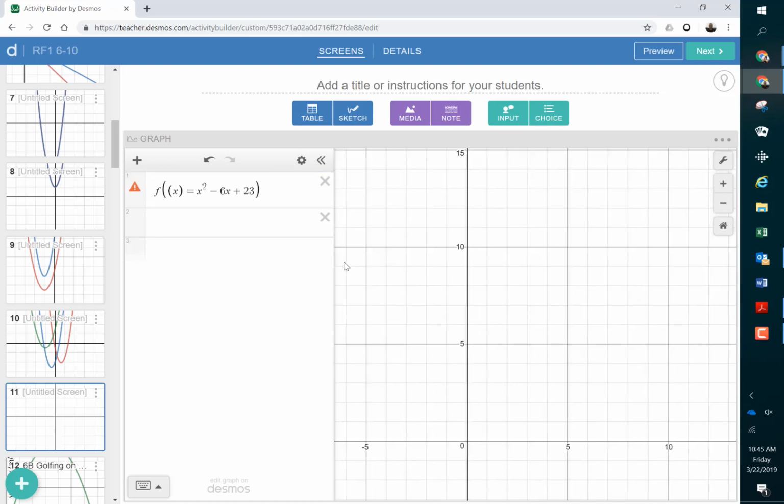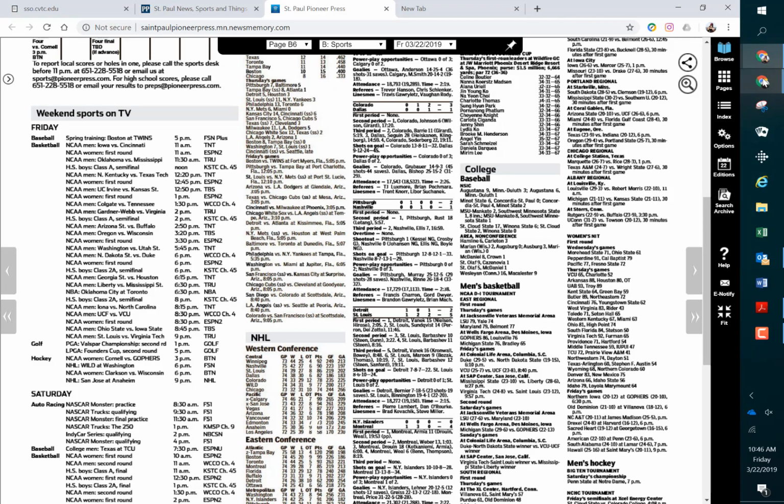Okay. Alright, so the coordinates of the vertex are at over 3, down 24, or over 3, up 14. Next one.